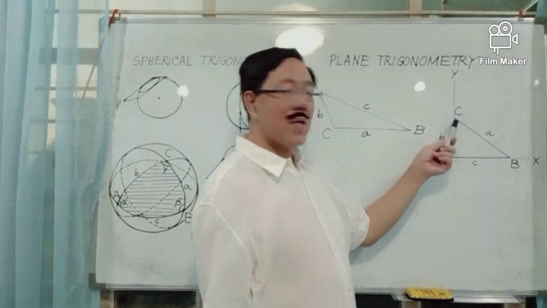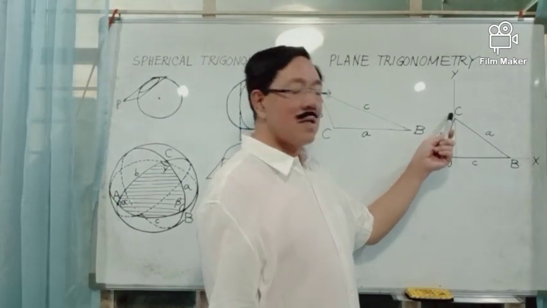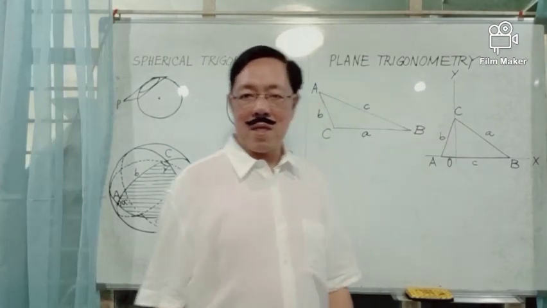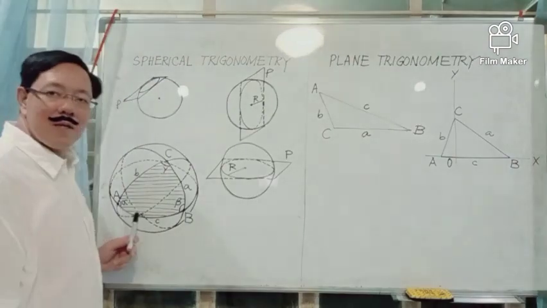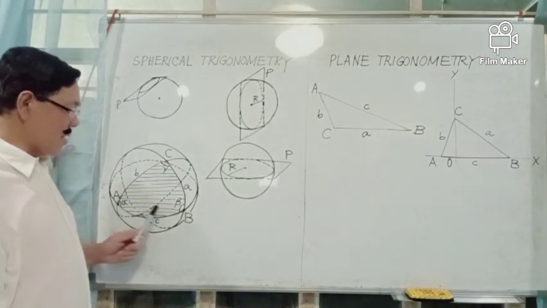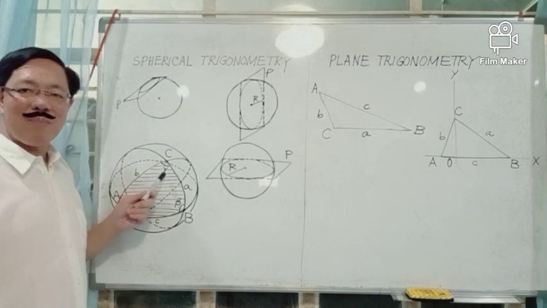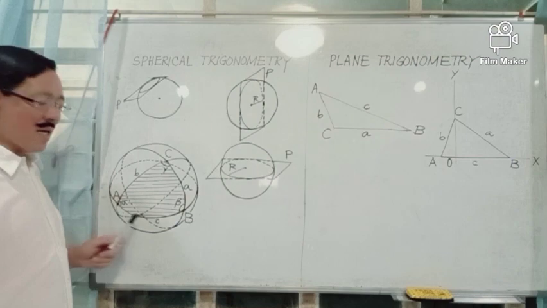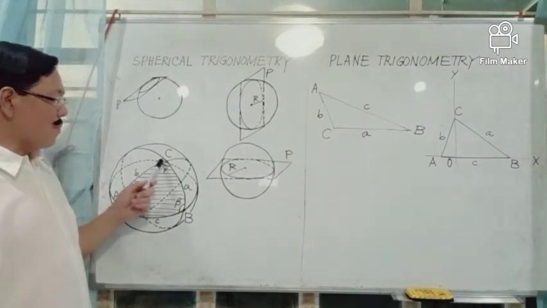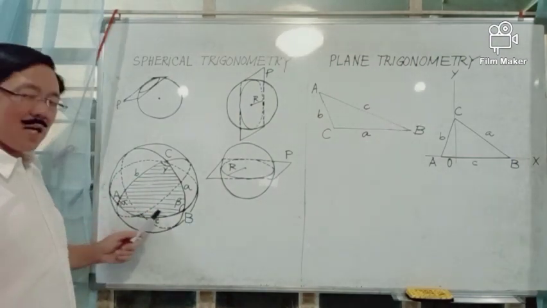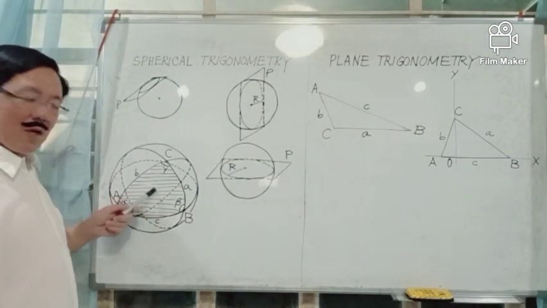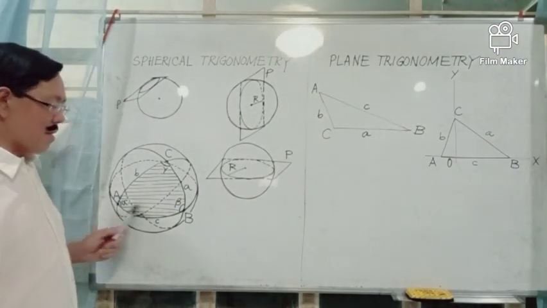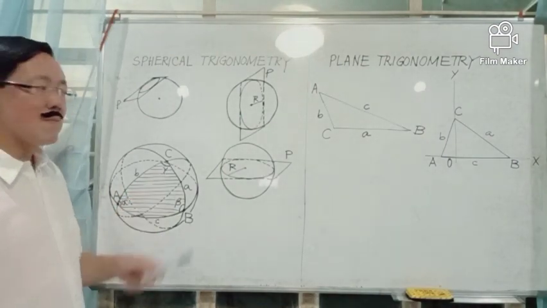And the angle at this vertex is denoted by C, or we say that this angle is angle C. In a spherical triangle, the vertices are also denoted by capital letters of the English alphabet. So this is vertex A, vertex B, and vertex C of this spherical triangle. The shaded part of this diagram is the spherical triangle with vertices A, B, and C.